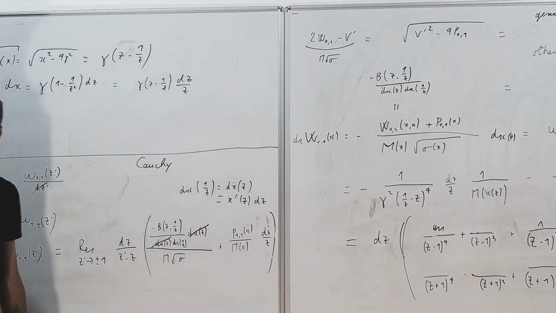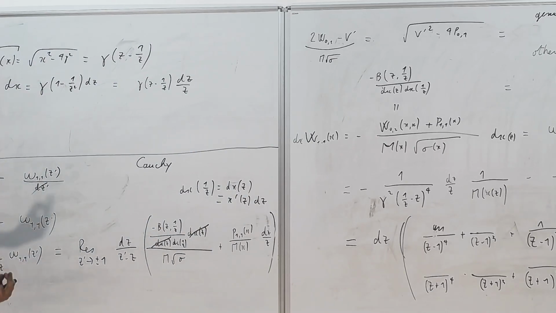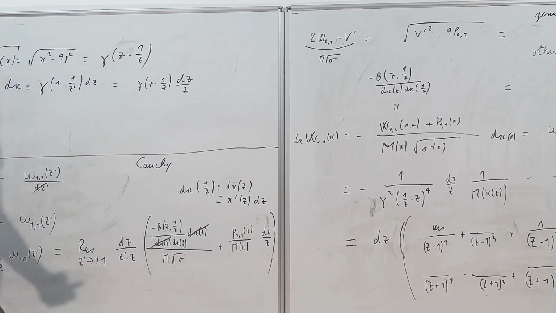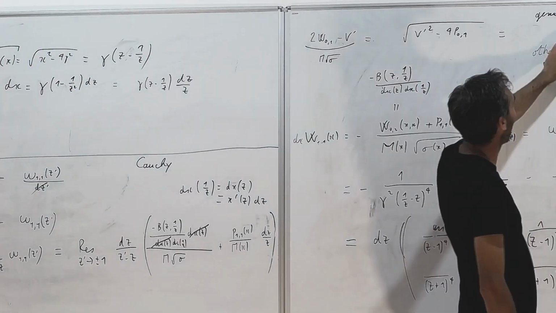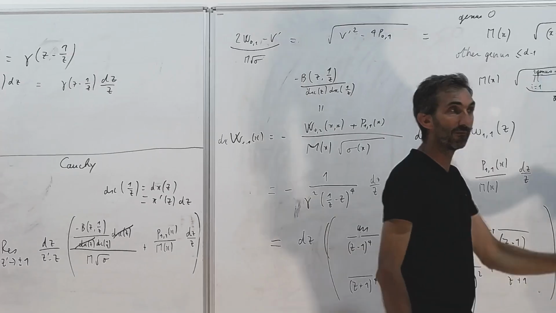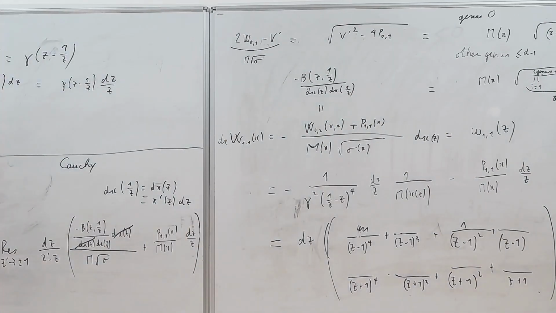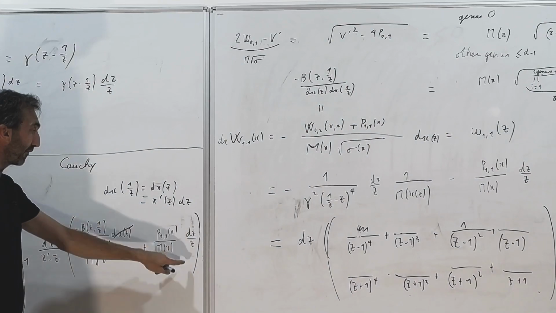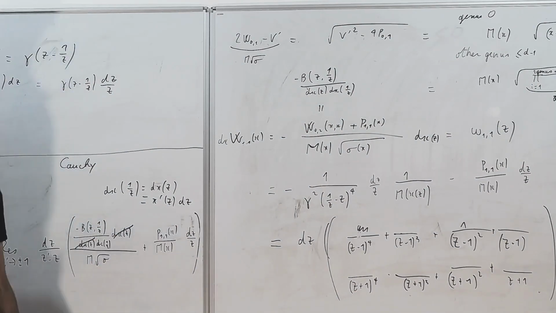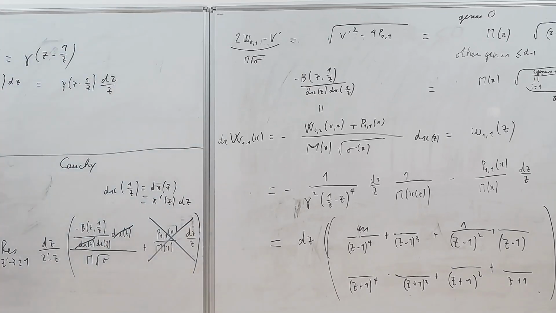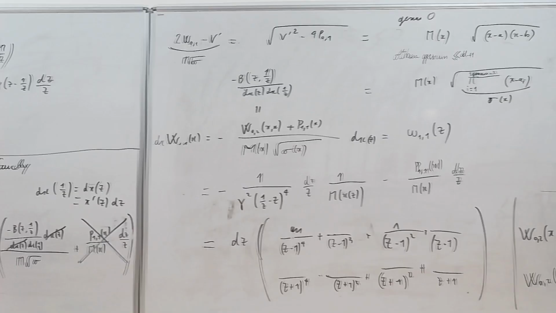It has no pole at x equals plus or minus a, so basically no pole at z equals plus or minus 1. M of x is also a polynomial of x, and generically, I mean, it contains all the terms that are not there. So basically, it has no pole, and in the quartic case, it has no pole at z equals plus or minus 1. And also dz over z has no pole at z equals plus or minus 1. So in fact, there is no pole at z equals plus or minus 1 coming from here. So you don't have to compute it.